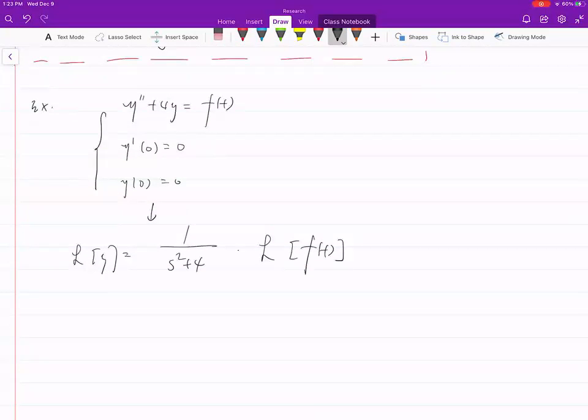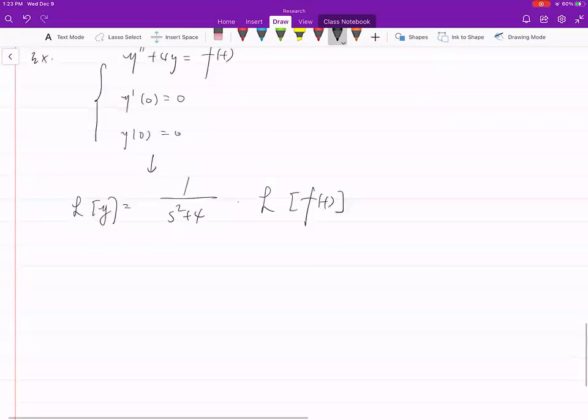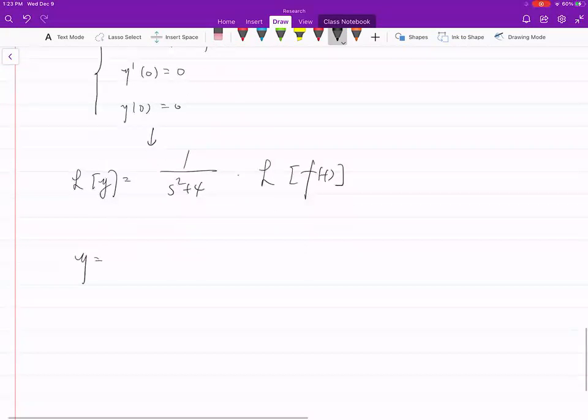We stop here because we do not know the Laplace transform of any function, we only know a few. But now the last step is y equals L inverse of this and that.